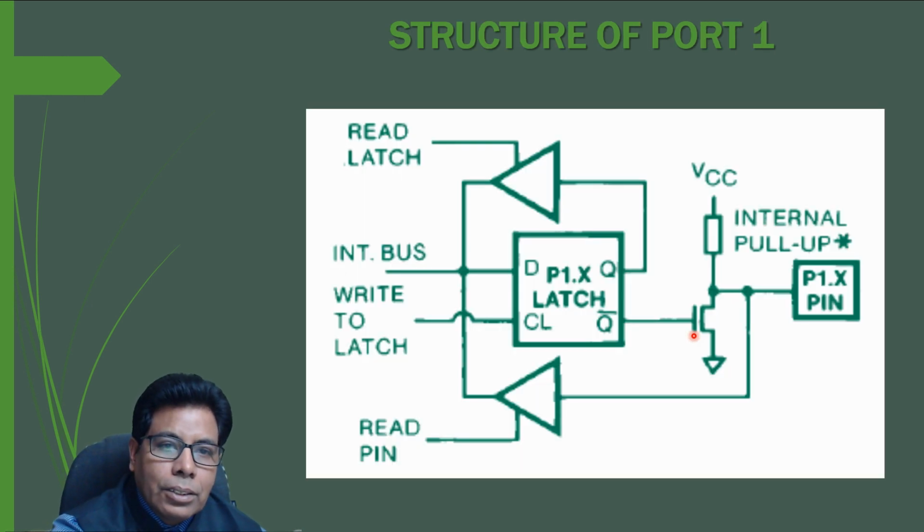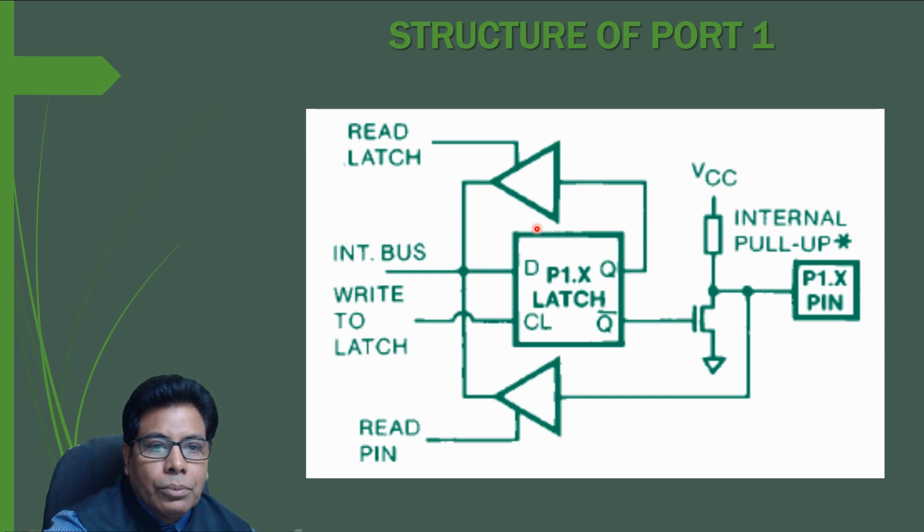Then this is the structure of port 1. Here the other things are the same as port 0. So this is the latch, the inputs and outputs of the latch are here, and these are the buffers. And only this internal pull-up is provided in port 1. It is not there in port 0. And these are the pins of the port.